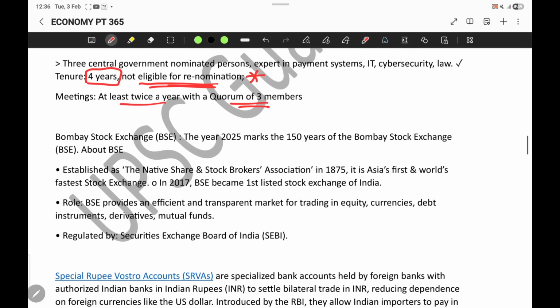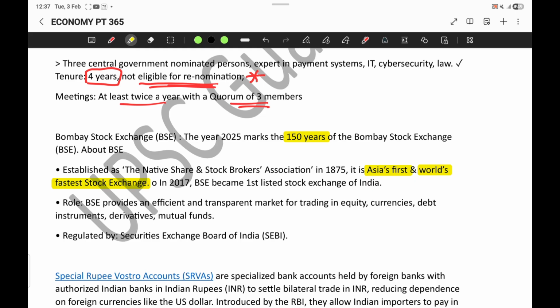Bombay Stock Exchange is in the news. Why? It marks 150 years. Okay, 150 years of Bombay Stock Exchange. Then it is important, a previous year question has been asked on it. It was established as the Native Share and Stock Brokers Association in 1875. It is Asia's first and the world's fastest stock exchange. See, the biggest titles it has earned.